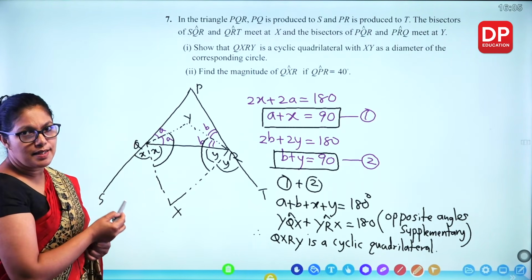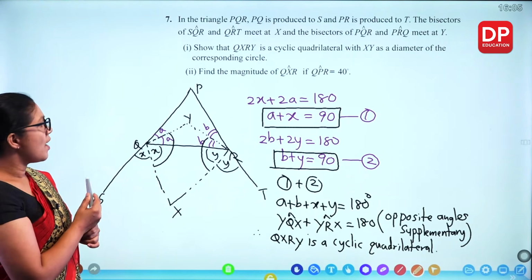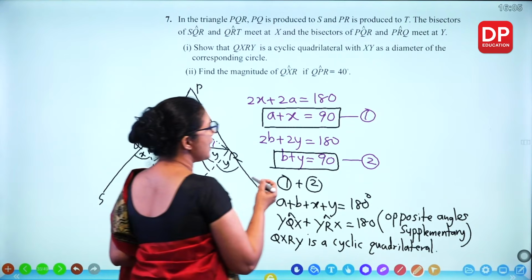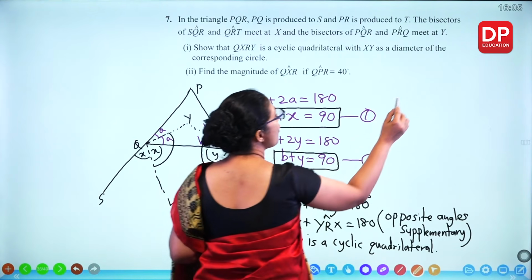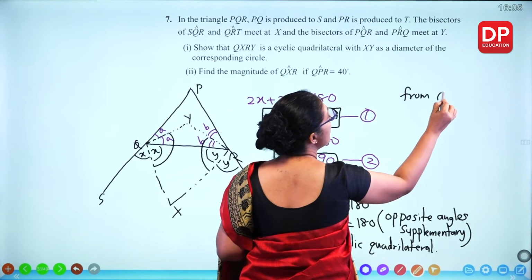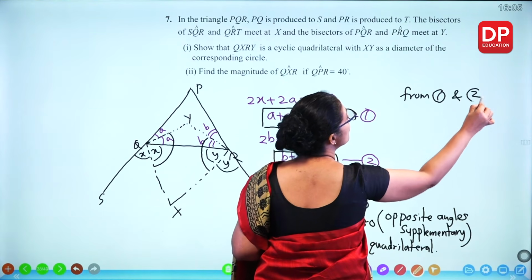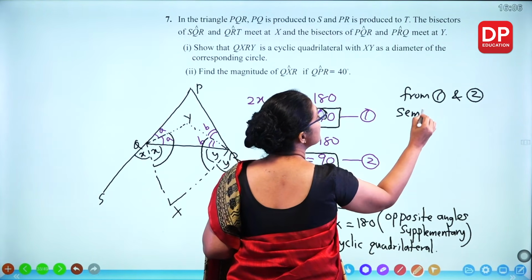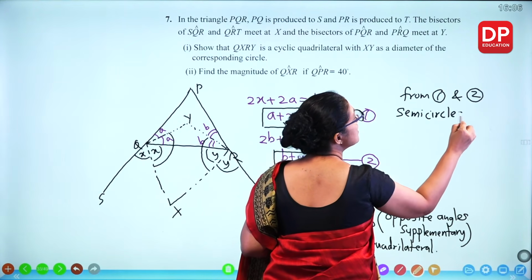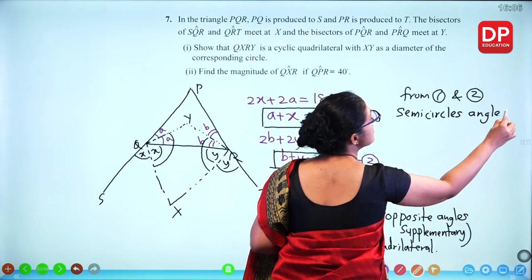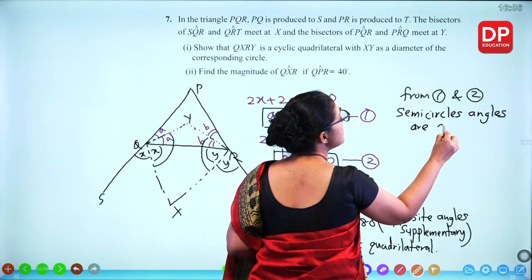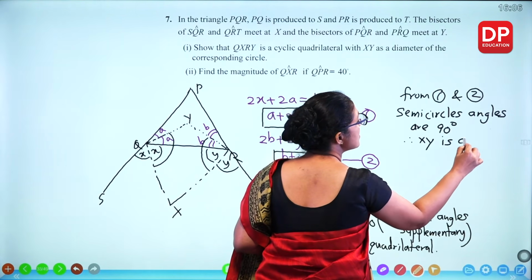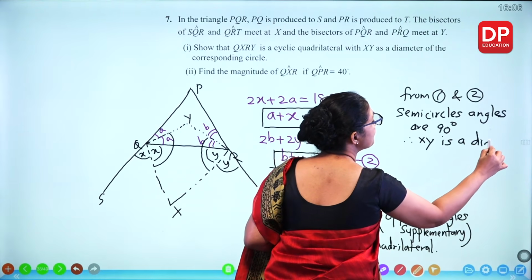Semicircle angles 90 means XY is a diameter. So we can write from 1 and 2, semicircle angles are 90 degrees. Therefore, XY is a diameter.